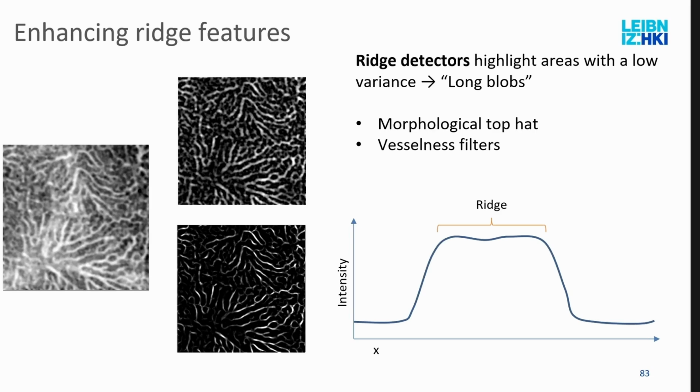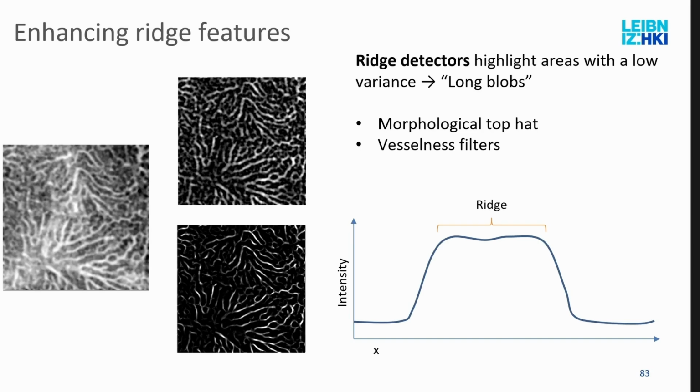One is the morphological top hat filter, and then another are special vesselness filters that are really designed to handle such kind of data and really find vessels. They usually come from neuron analysis, these filters, because they want to trace the neurons, but they are useful for other things as well.